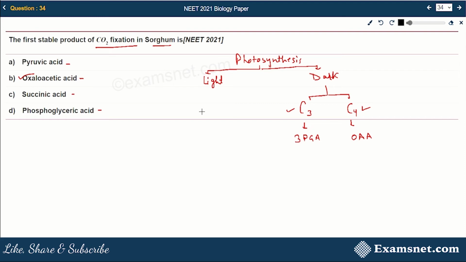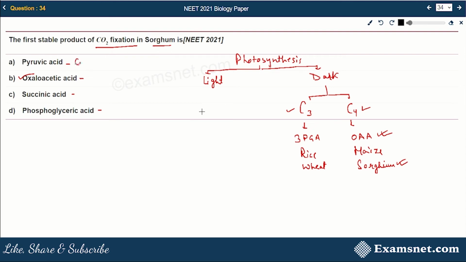Most of the plants belong to the C3 group. Some of the examples are rice and wheat, whereas some of the plants such as maize and sorghum belong to the C4 plants. Therefore, the first stable product in case of sorghum will be oxaloacetic acid. Now, what is pyruvic acid?